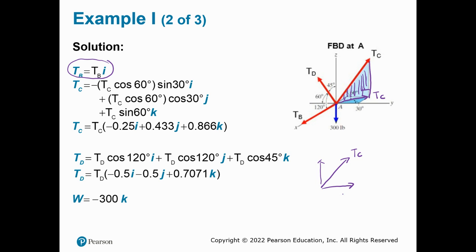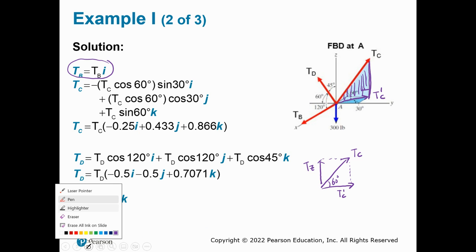And you have TC prime projected. TC prime projected is this one down here, and I know that this angle is 90 degrees. And then the vertical one, which is this one, same as this one, is going to be your z component. Not TZ, let's put the notation correctly.